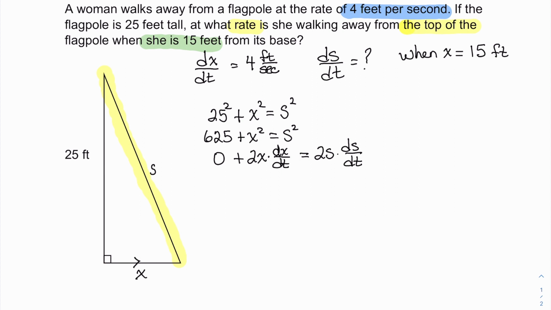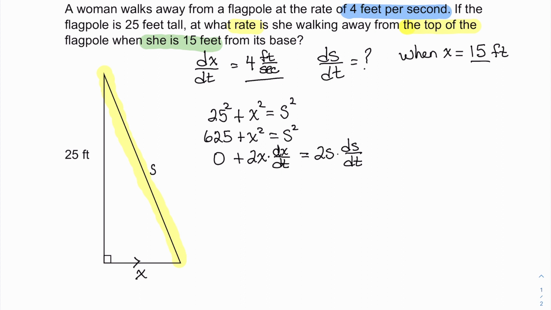Now when we look at what we are given and what we want to know, I have a value for x, it's 15. I have a value for dx/dt, that's the 4 feet per second. I don't yet have a value that I've calculated for s, and I want to know ds/dt.